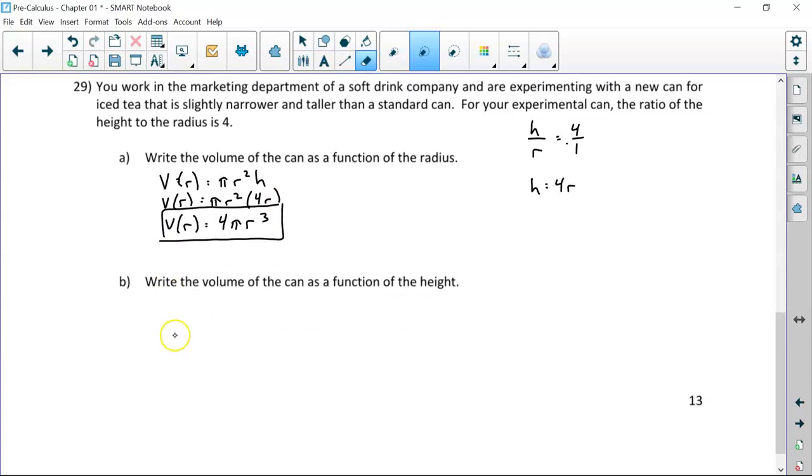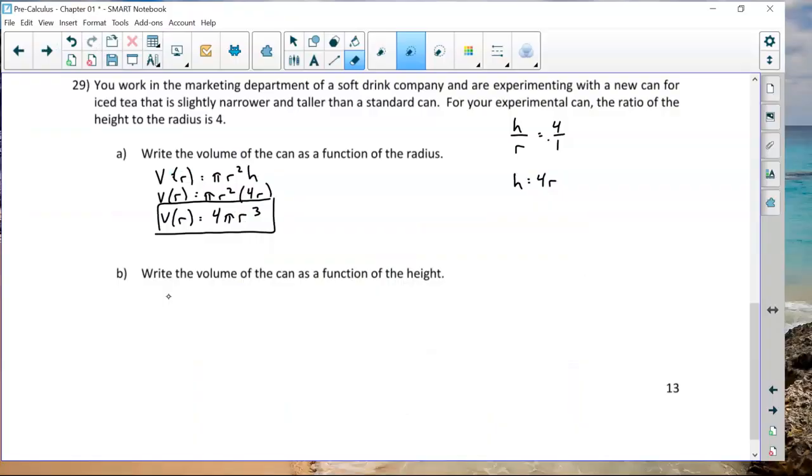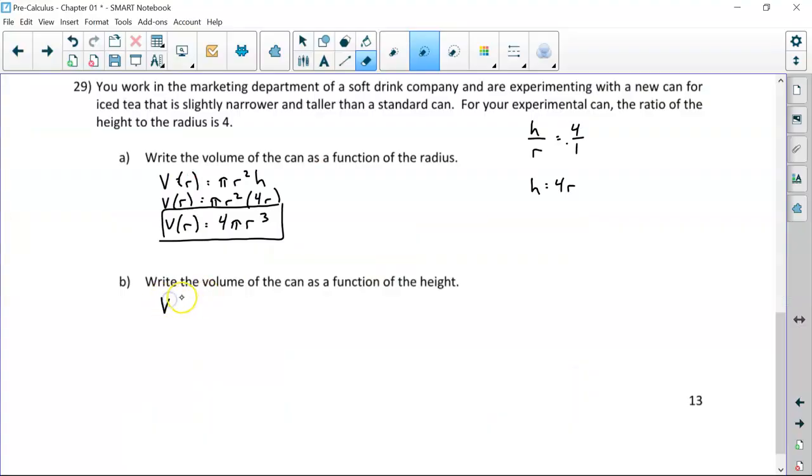Now we're going to write the volume as a function of the height. Once again, volume is pi R squared times the height. Now, we know that the height is 4 times the radius. If we want to get the radius by itself, we can divide both sides by 4.